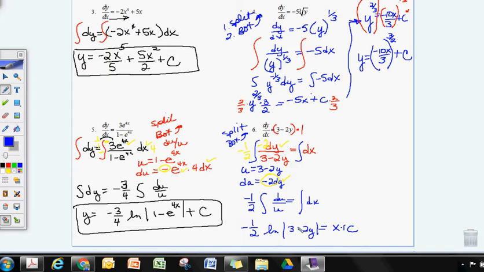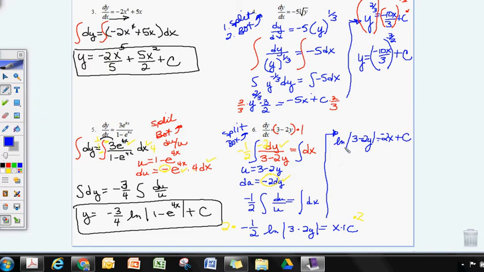Okay, we've got to start to get this natural log by itself. So I am going to multiply this side by 2 and multiply this side by 2. And now I'm going to zoom up here where I have a little more space. And I'm going to have the natural log of 3 minus 2y would equal negative 2x, I apologize, negative 2x plus that c value.